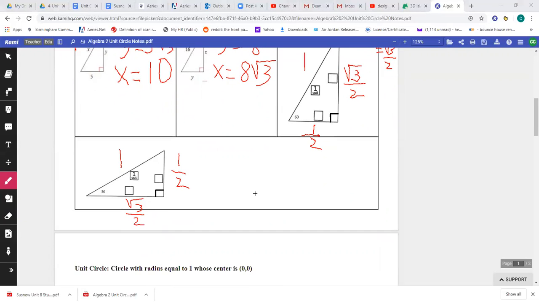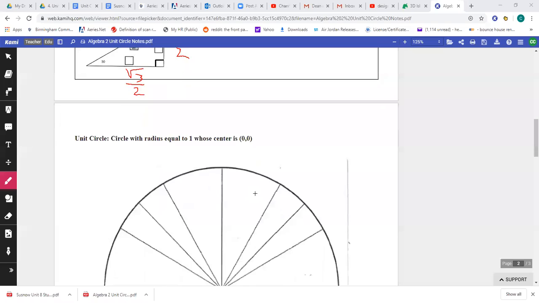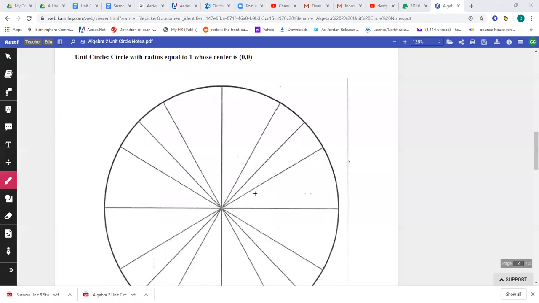Now, the topic for today is called the unit circle. And the unit circle is, so let's say you had a grid here. A unit circle is basically a circle where the center is 0, 0, and the radius is 1. So it doesn't matter where you draw your radius, the radius will always be 1.